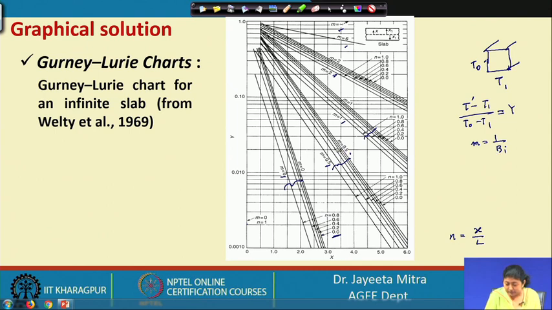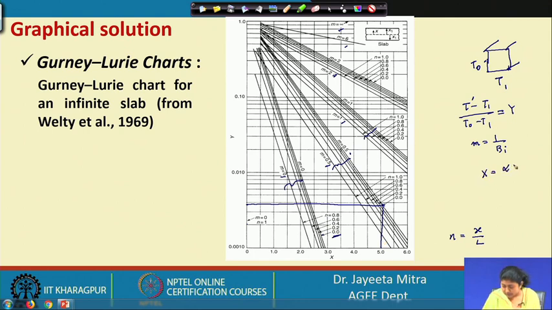So, with the values required, we will see n equal to 0 and the y value. Let us say we are concerned with m equal to 0.5. So, this is the 0 value and here is the y value. So, we will connect them and then see what the x value is.